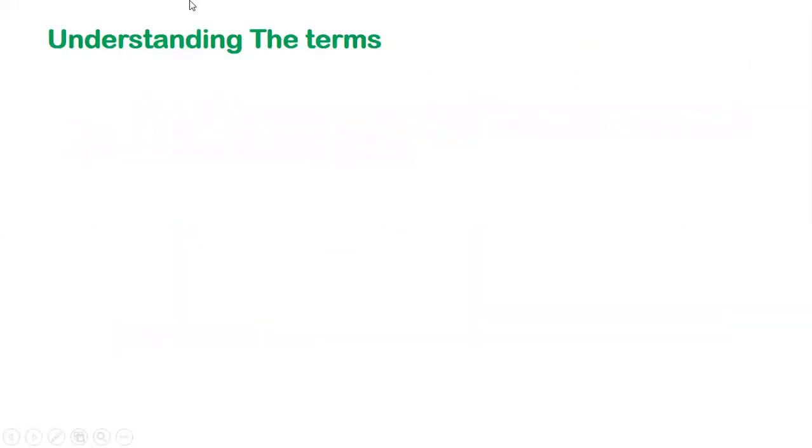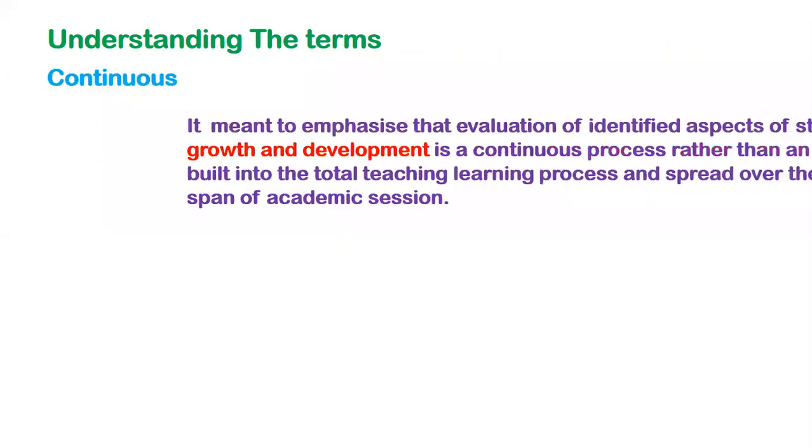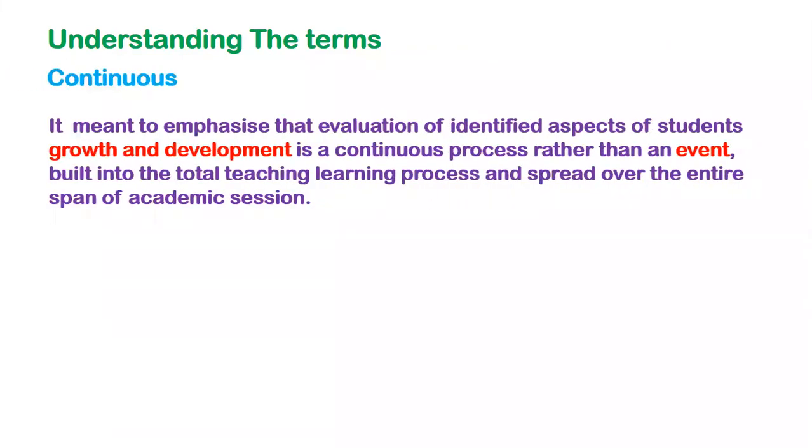Understanding the terms. Let us understand the term continuous. What is continuous? It is very simple. It is meant to emphasize that the evaluation of identified aspects of the student, that means growth and development, whatever objective you select, is a continuous process. It should not be an event that is finished.